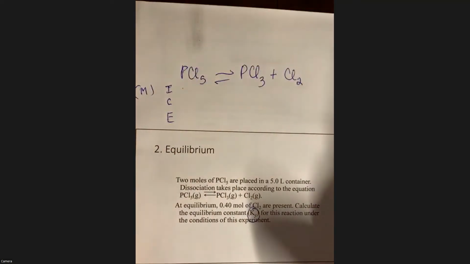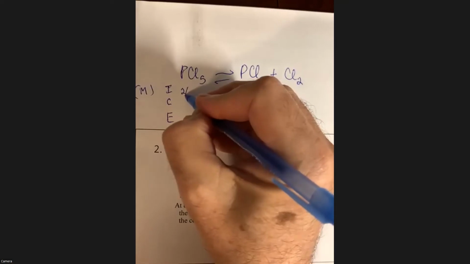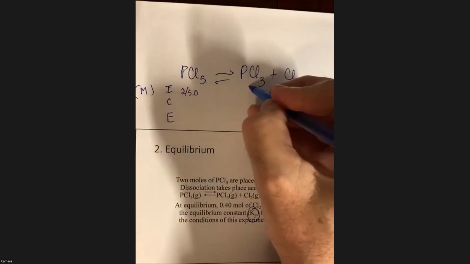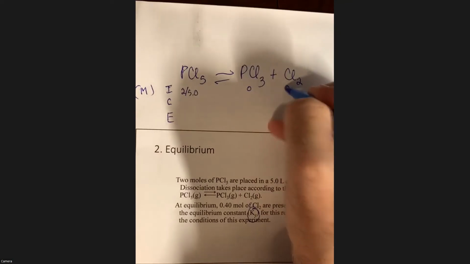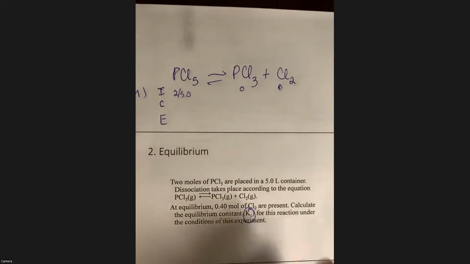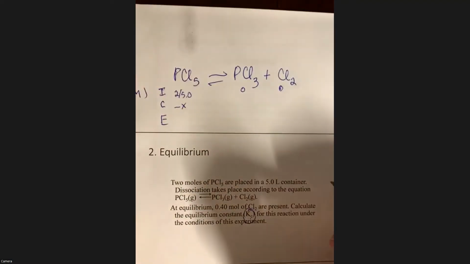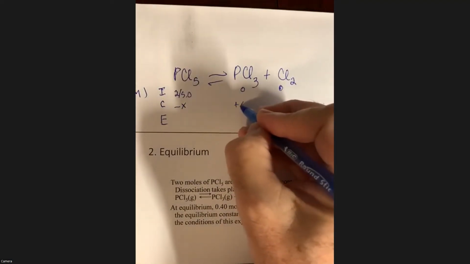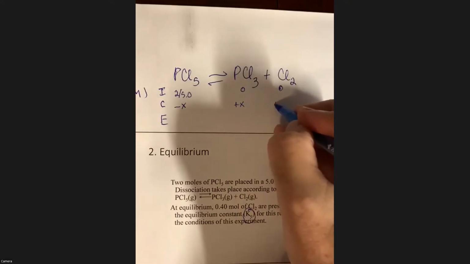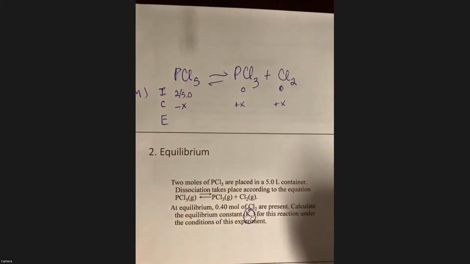So this guy, it says that you have 2 moles in a 5.0 liter container. Of course, you start with nothing here. And now you have to calculate, well, what is the change? Well, 1 mole per liter of this guy is going to change into X moles per liter of that, X moles per liter of that.